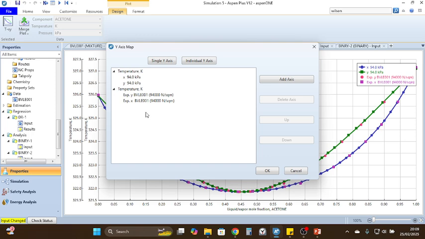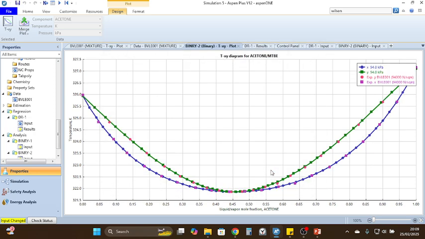Now if you put this into a single axis and click on OK, you can see that the predicted values and the experimental values are very close to each other, like they are exactly fitting with each other.